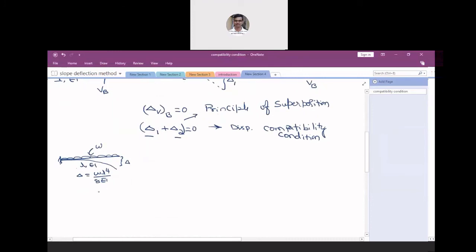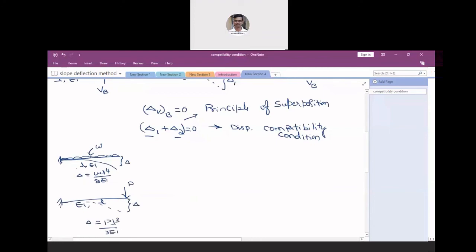Similarly, for a cantilever beam subjected to a concentrated load at its tip, with span L and flexural rigidity EI, the deflection due to a concentrated load P is equal to PL cubed by 3EI.